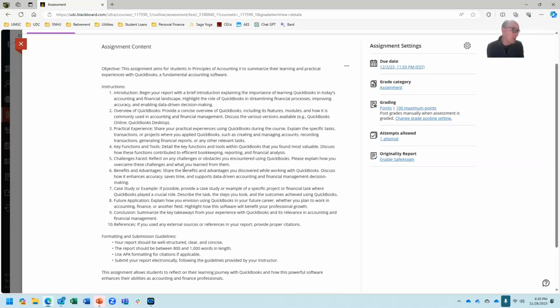Why is it on QuickBooks? Because throughout the past 6 weeks, we've had a couple of LinkedIn Learning certificates. You learned about QuickBooks. QuickBooks is the most commonly used accounting software in the United States and around the world. 85% of businesses on the planet use QuickBooks in one way, shape, or form.